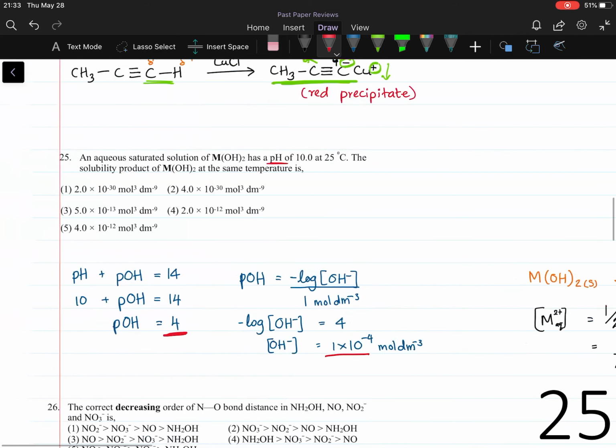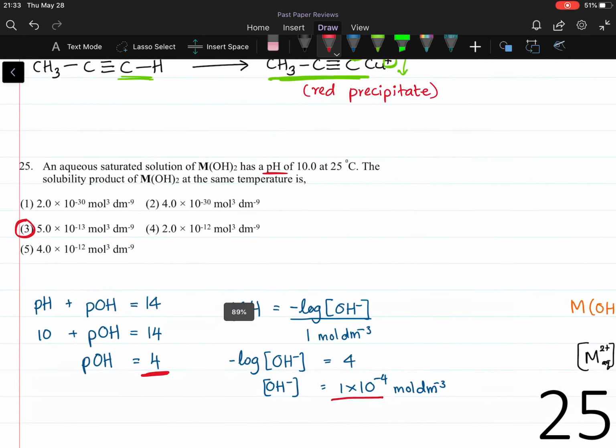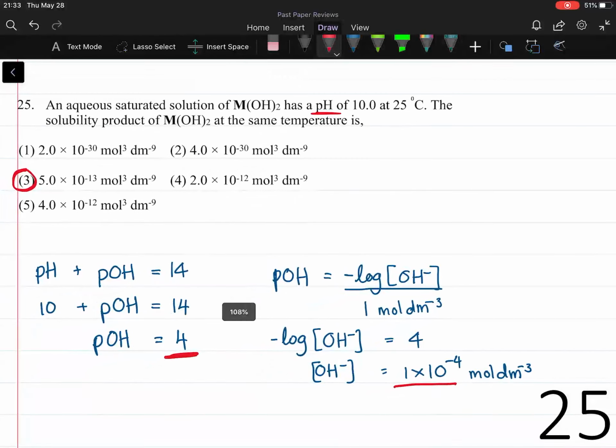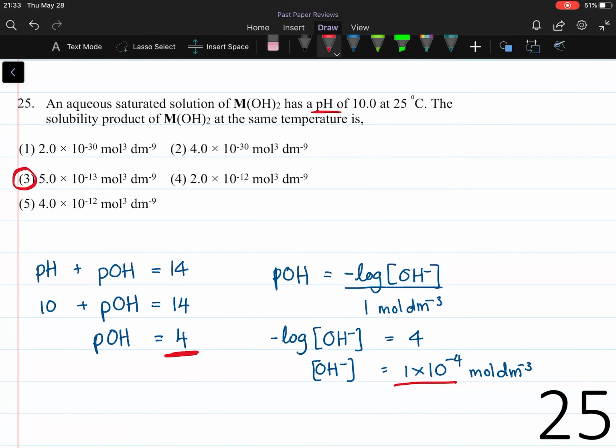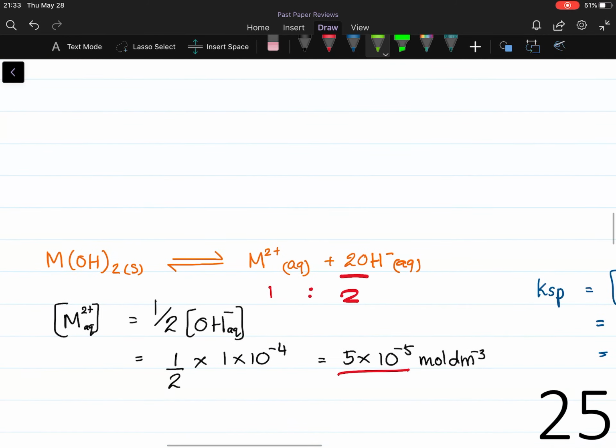Now if we are to do this calculation without touching a pen, how would we do it? So pH is given to us as 10. Therefore, we can get POH as 4. And from there easily we can get the OH minus concentration as 10 to the power minus 4. And from the reaction, we know the ratio between M2 plus to OH minus should be 1 to 2.